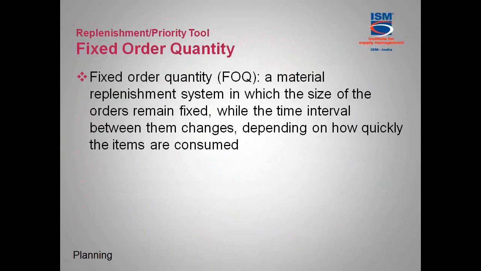This system is commonly used for continuous requirement of material, or where requirements are very predictable. One benefit of fixed order quantity is that it is a very simple and easy to use method. But we cannot use this method in a business scenario where the requirement is very dynamic.